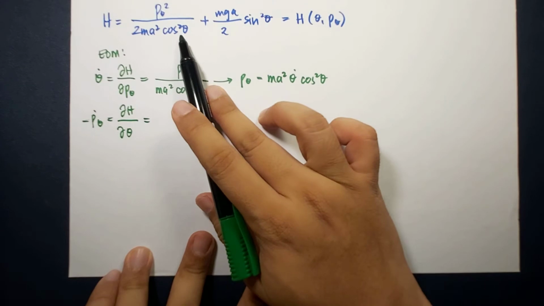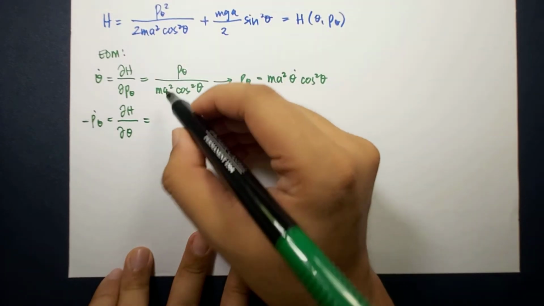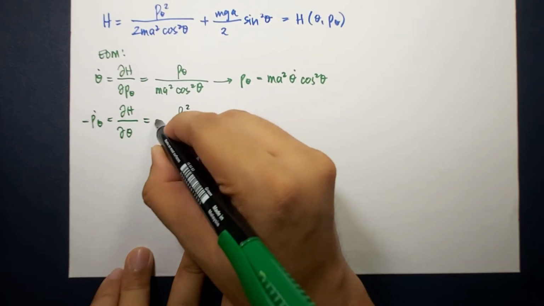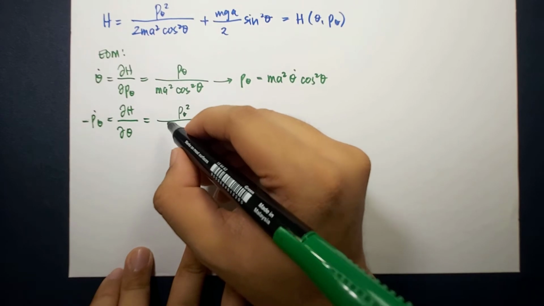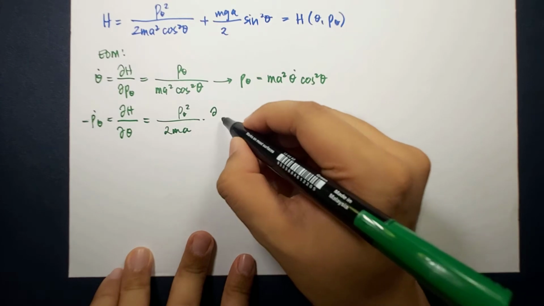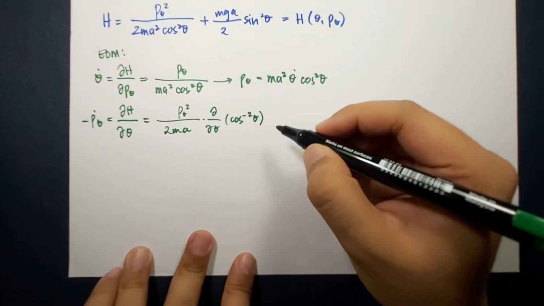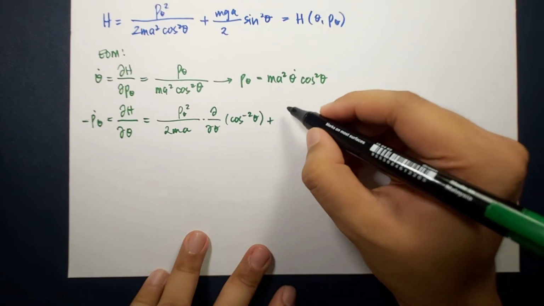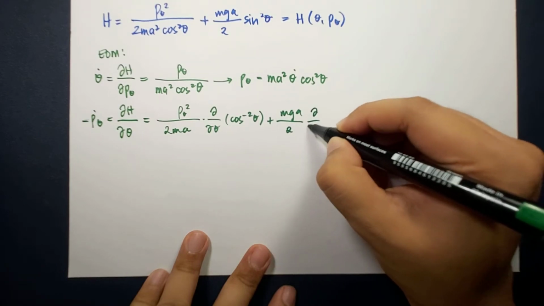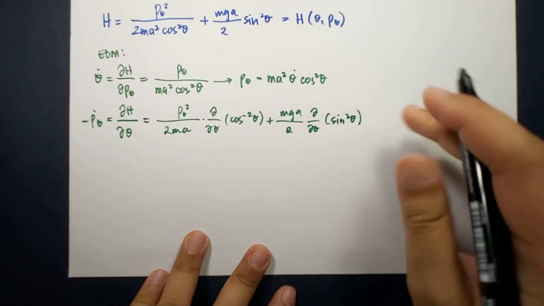So this is a function of theta, this is also a function of theta, so therefore you can now calculate this as p theta squared over 2ma minus partial derivative with respect to theta of cosine to the negative 2 theta plus mga over 2 times the partial derivative with respect to theta of sine squared theta.